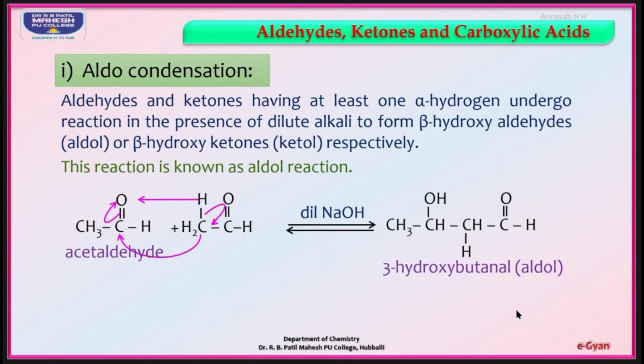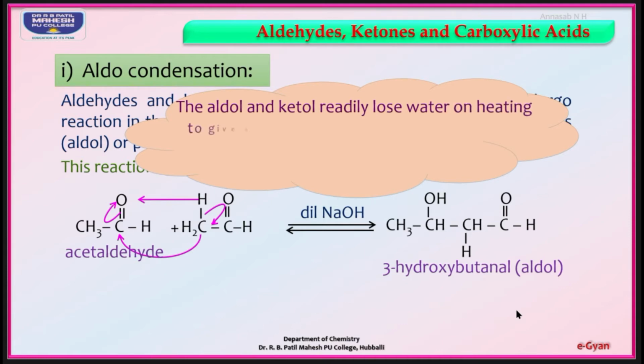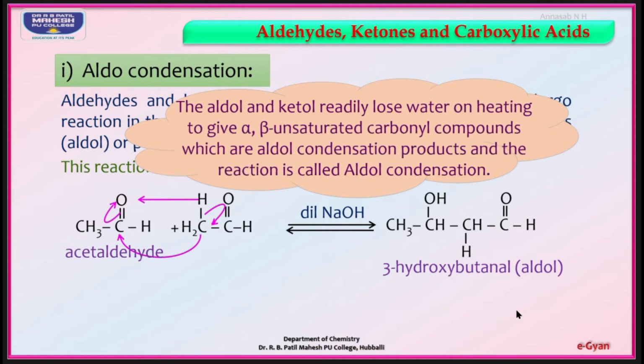The aldols and ketols formed in such reactions lose a water molecule on heating to give alpha beta unsaturated carbonyl compounds, which are aldol condensation products, and the reaction is known as aldol condensation. The water molecule is liberated from the hydrogen atom of the alpha carbon atom and the hydroxyl group of the beta carbon atom.